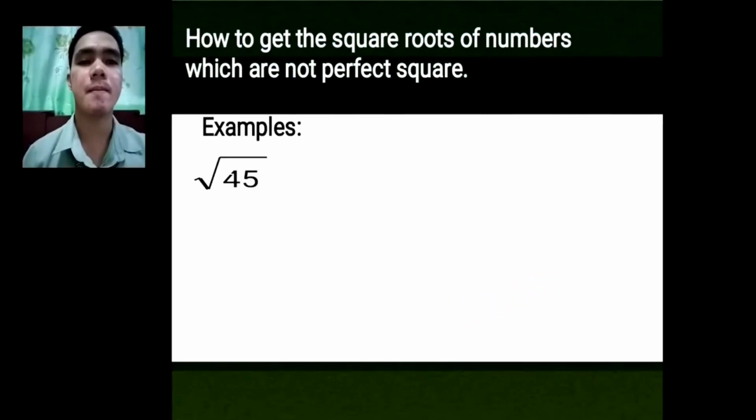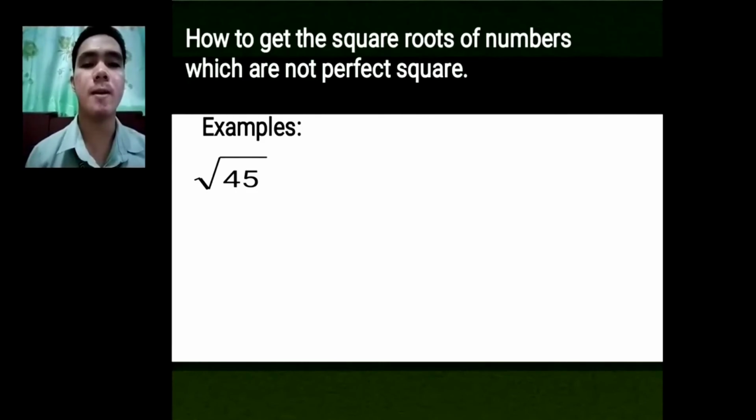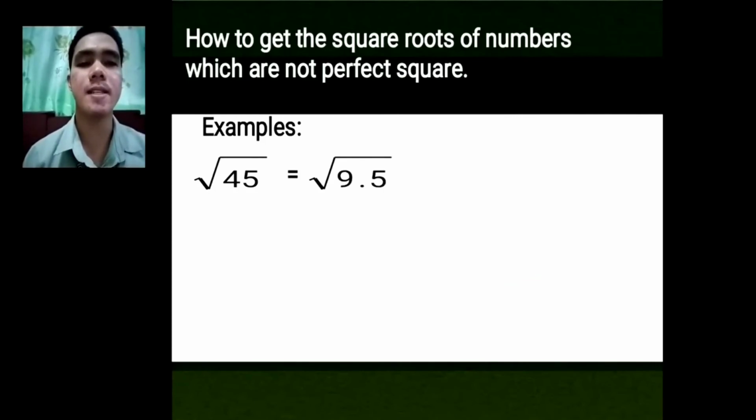Example, the square root of 45. Think of factors of 45 wherein one factor is a perfect square. We can factor 45 as 9 times 5, because when you multiply 9 by 5, that is 45, wherein 9 is a perfect square.